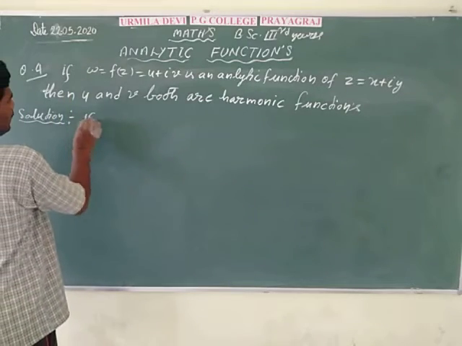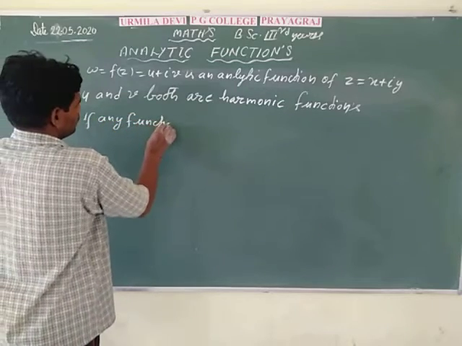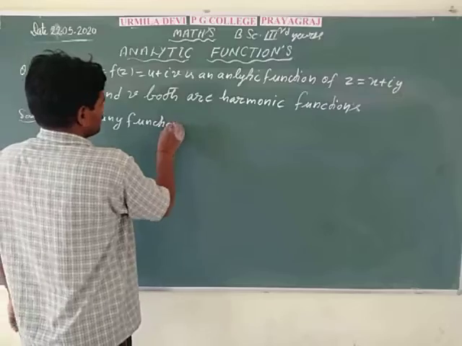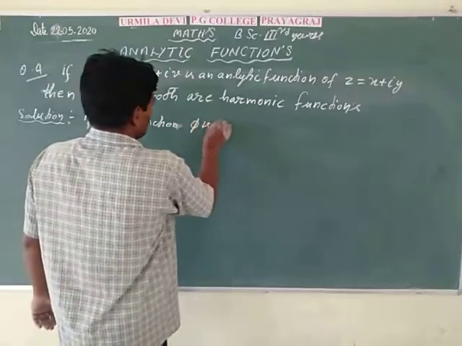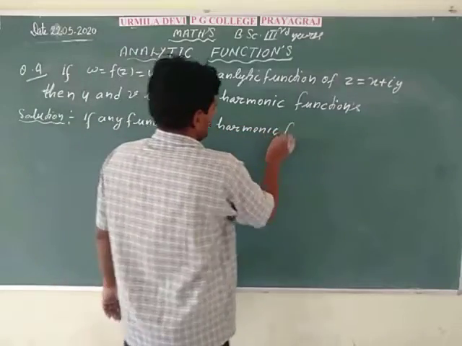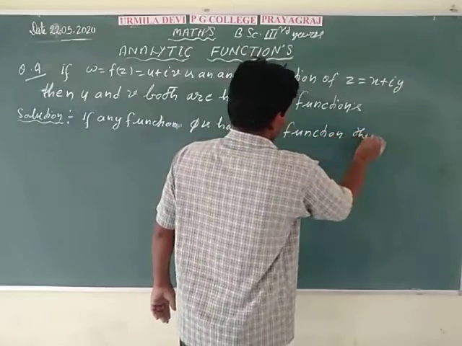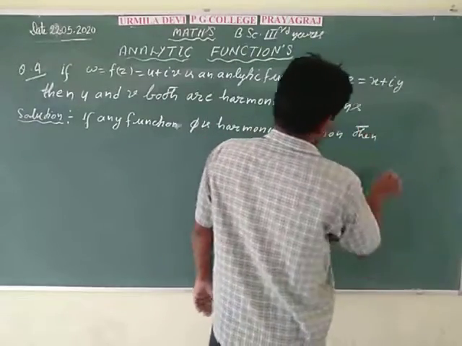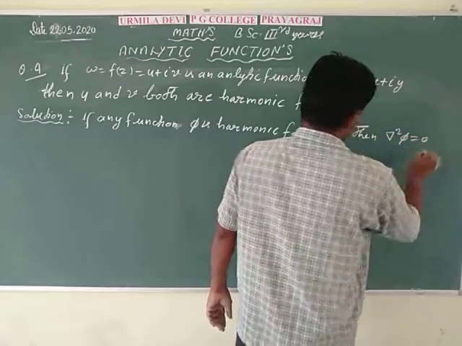If any function phi is a harmonic function, then del square phi is equal to 0.